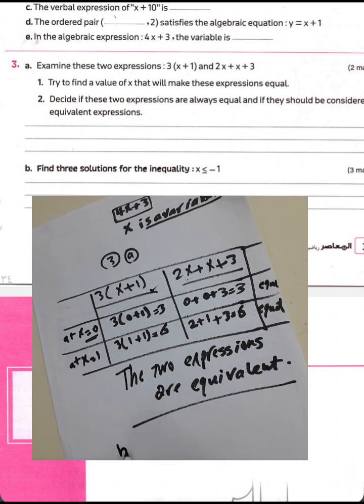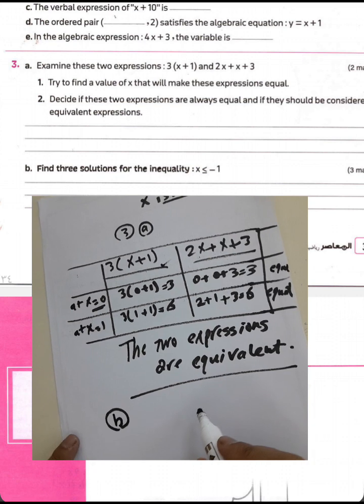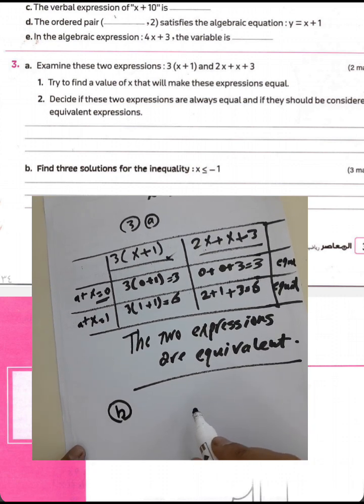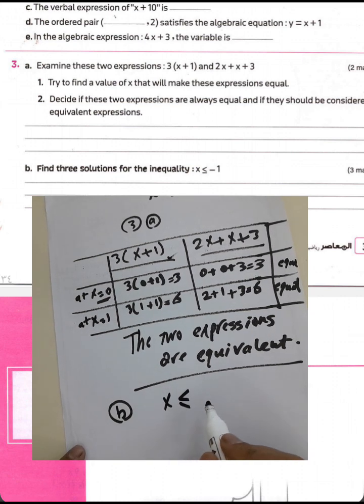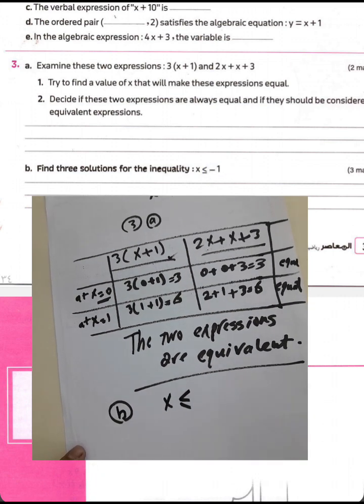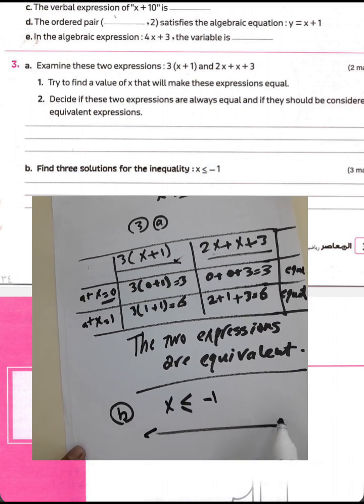Question letter B. Find 3 solutions for the inequality. For all solutions of the inequality here, we have x less than or equal to -1. We have a number line.